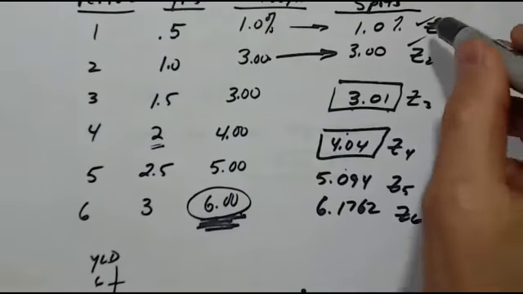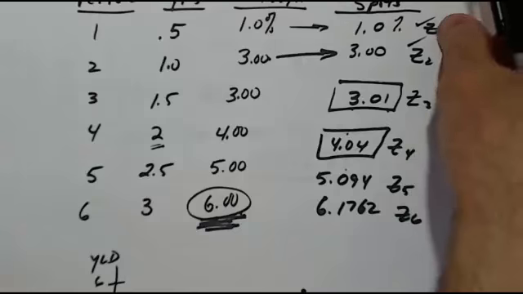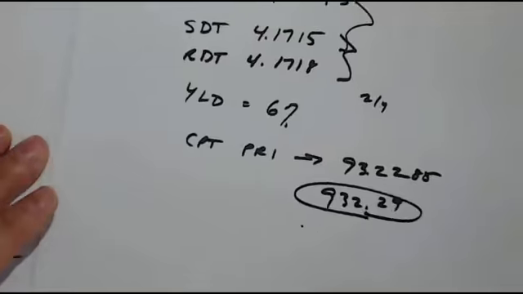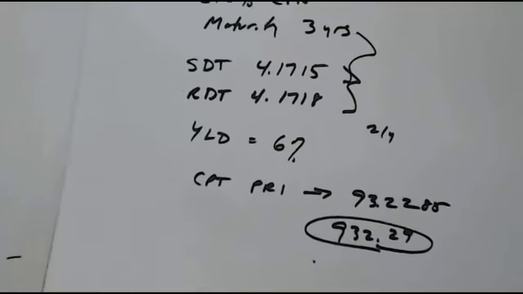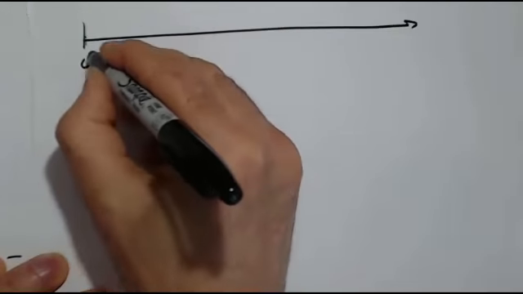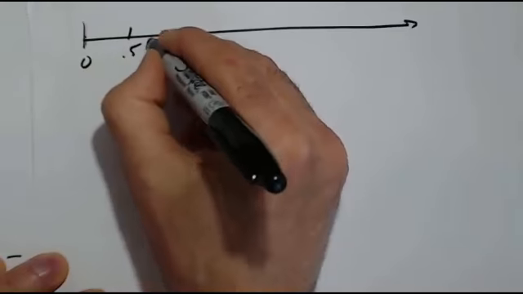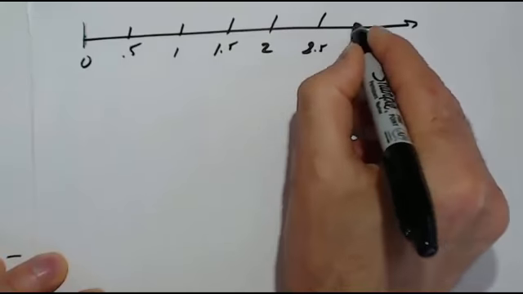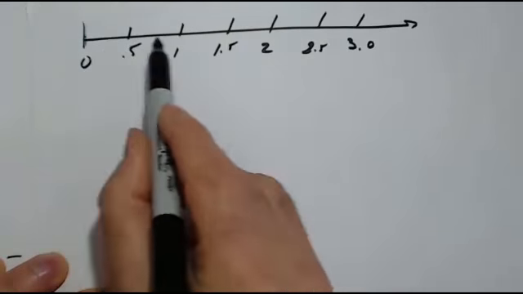Now what I want to do is discount each cash flow based on the appropriate spot rate. And that'll take a few more calculations, so let me do it here. You can draw a timeline if you like. Here are 6 semi-annual periods.